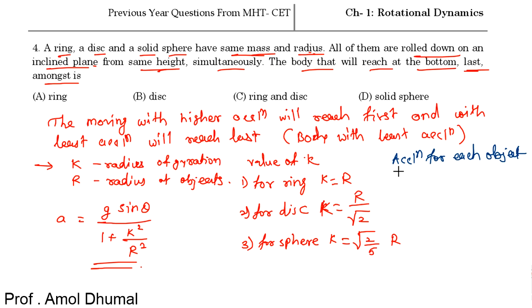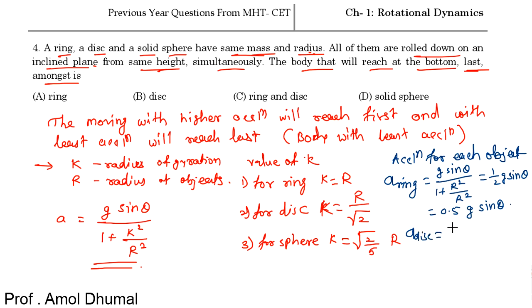Acceleration for each object. First, acceleration for ring is g sin theta upon 1 plus r square by r square, which is equal to 1 half g sin theta, which is 0.5 g sin theta. Then we can find out the acceleration for disk.